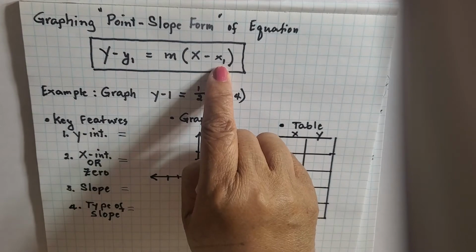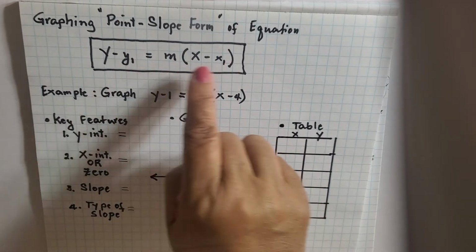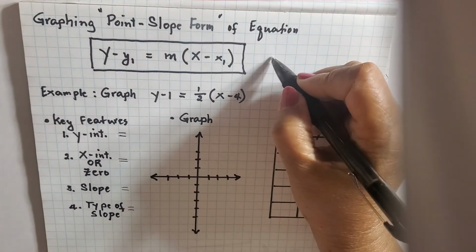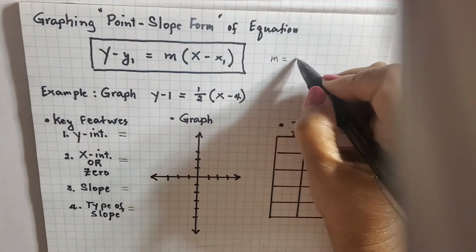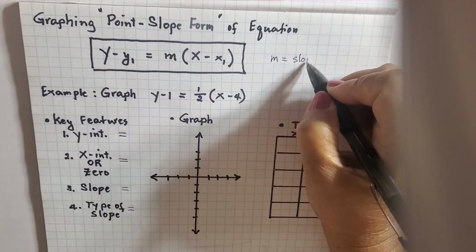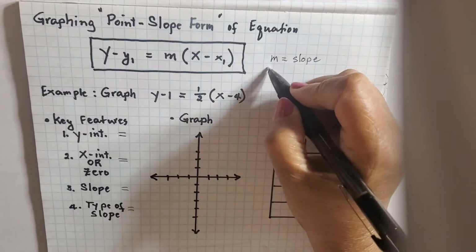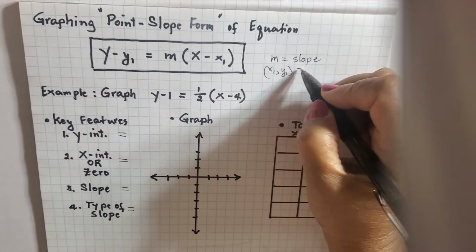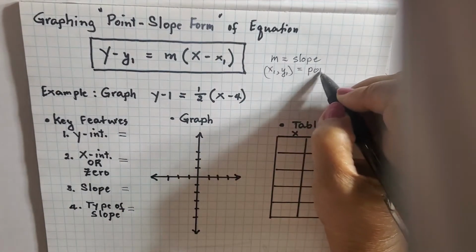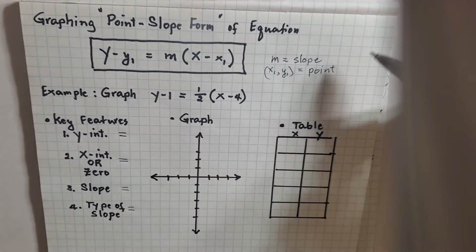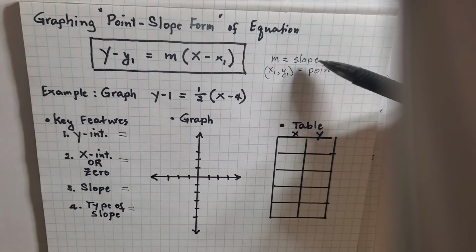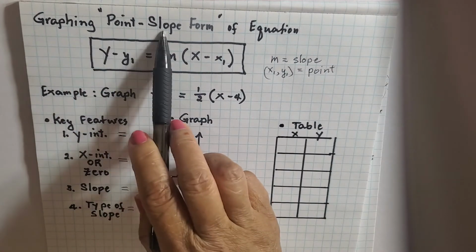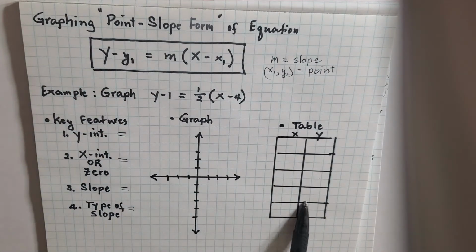If I see x1, y1, I know this is the coordinate of a point. So let me write down here what m means, and that x1, y1 is the coordinate of a point. So now I have point and slope. This is point-slope form, and I can graph it.